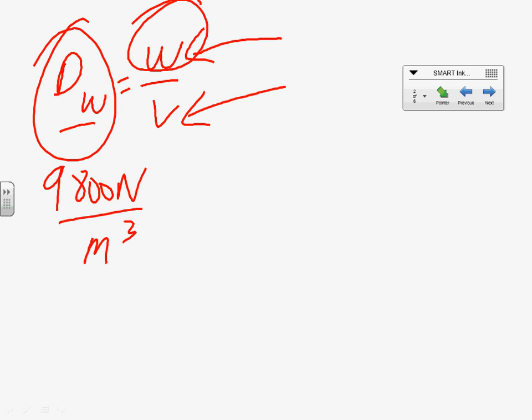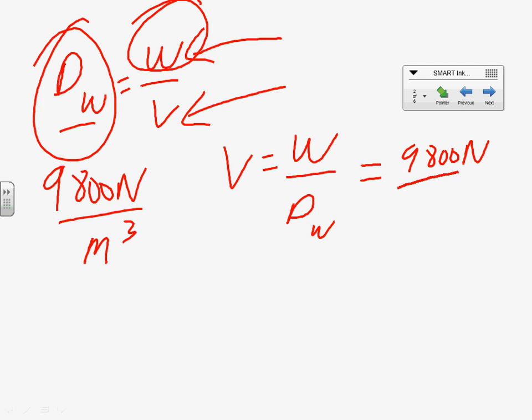If we do a little algebra and rearrange this equation, you should see that the volume equals the weight divided by the weight density. In this case, the weight density of water is 9,800 newtons per meter cubed, and the weight of the water displaced is 7.1 newtons.